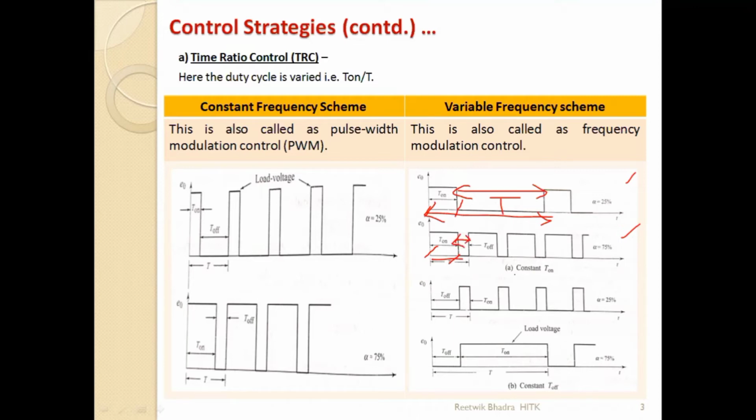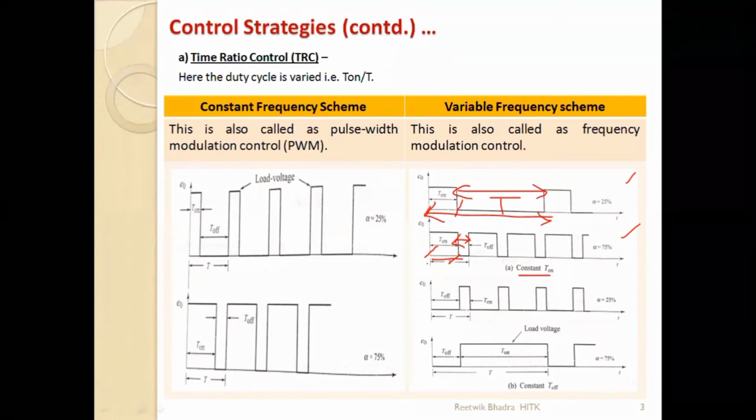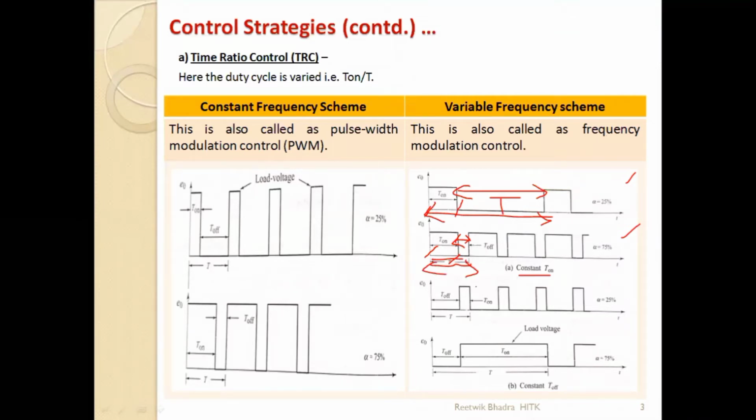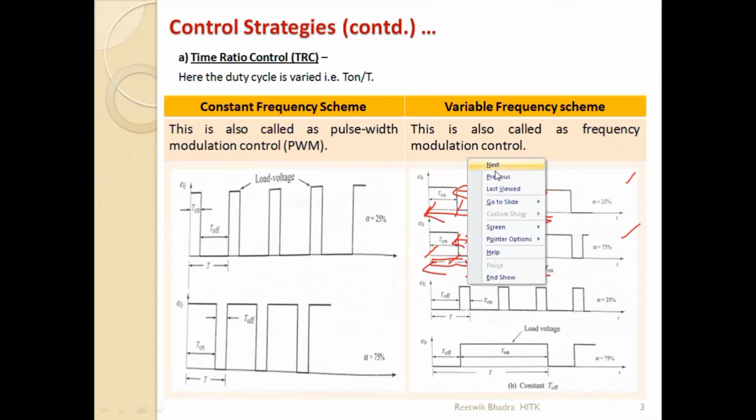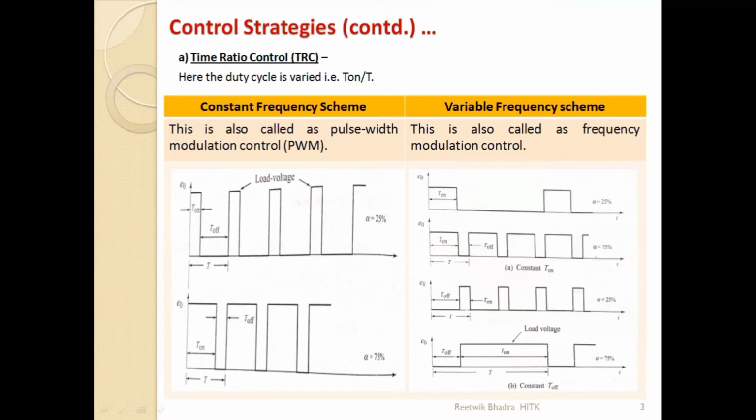So we are keeping a constant T on. Both figures have constant T on, but there is a difference in time period. This total is a capital T. So variable frequency. Similarly, you can study this figure also. Same time. So these are the two schemes into which time ratio control is differentiated.